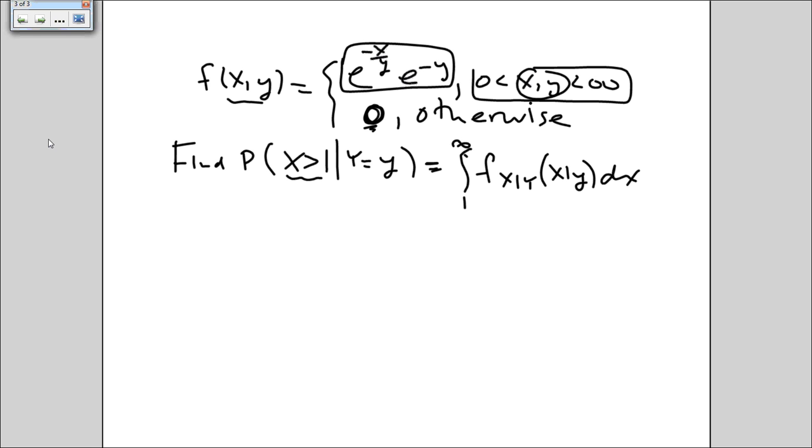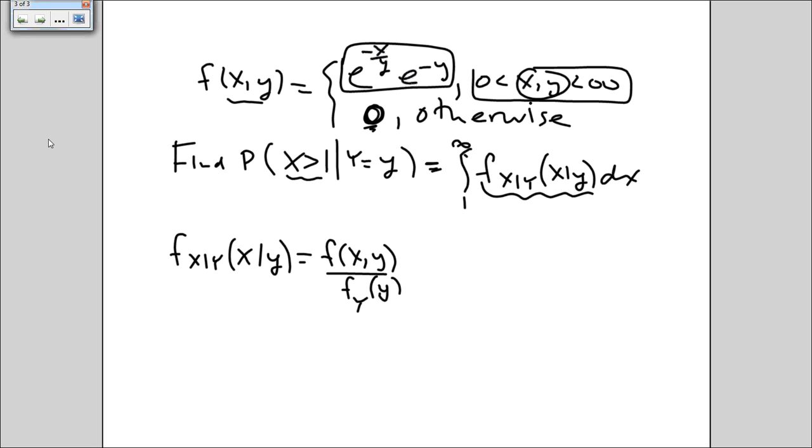So basically, to do this problem, we need to figure out what that is: f sub x given y of x given y, little x given little y. Well, by definition, this is f of x and y divided by f of y. But we write script y because there are 2 random variables in this case.